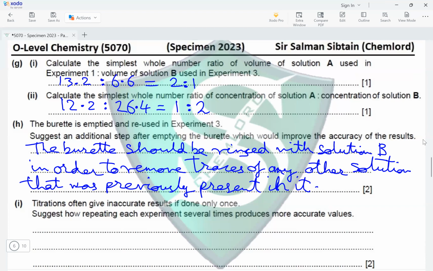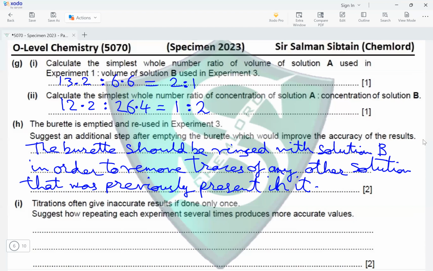Part I. Titrations often give inaccurate results if done only once. Suggest how repeating each experiment several times produces more accurate values. Okay, so when we repeat an experiment, we obtain similar results by repeating it multiple times. We sometimes also end up with results that are not similar.